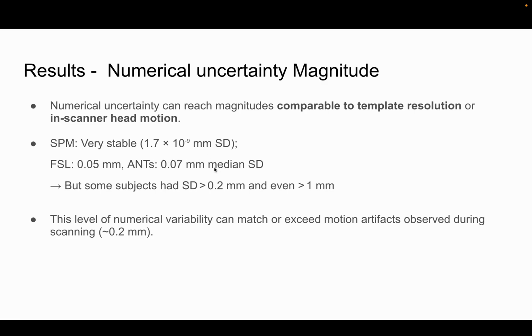For example, the median standard deviation for FSL and ANTs is not that big, and for SPM it is surprisingly small. But you should keep in mind that it can be significant for some subjects.